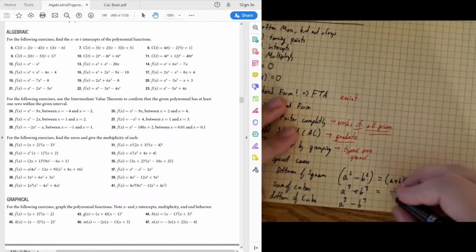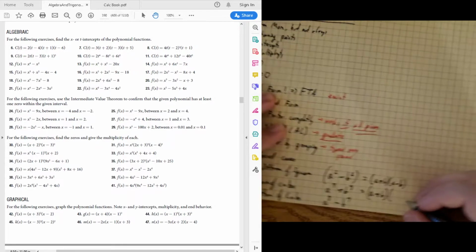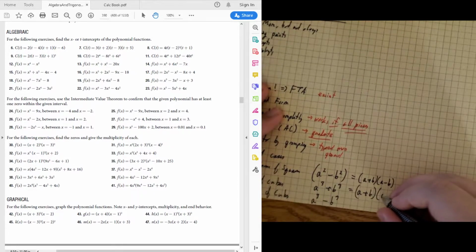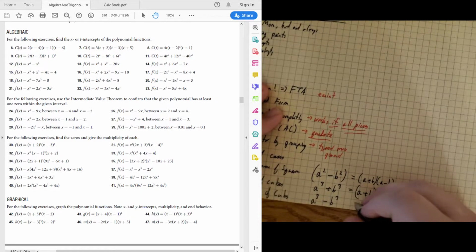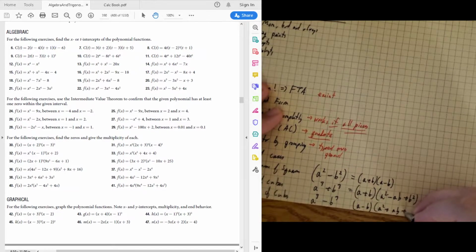So for sum of cubes, it is written as a plus b times a squared minus a b plus b squared. And difference of cubes is written very similarly, just with the plus and minus of the first two switched. A squared plus ab plus b squared.